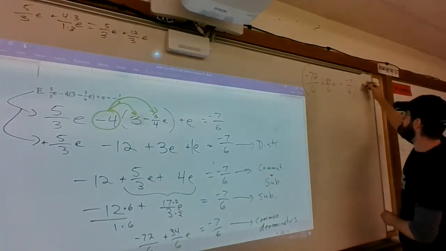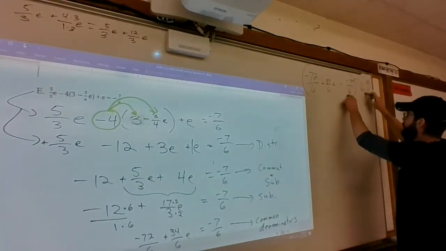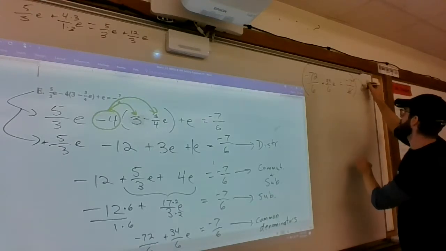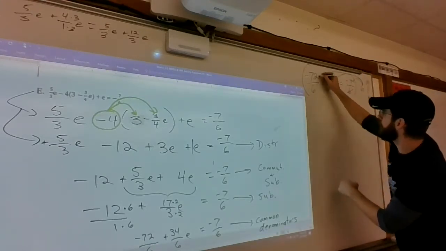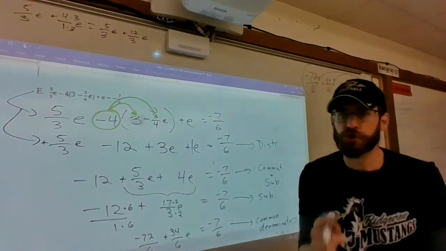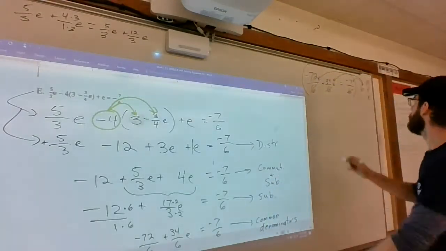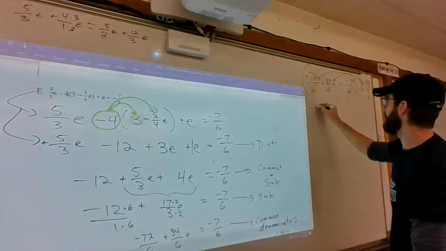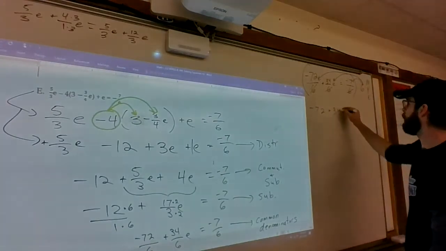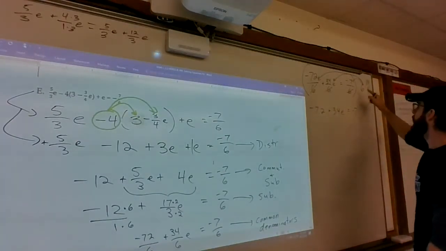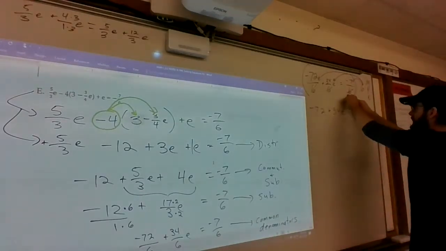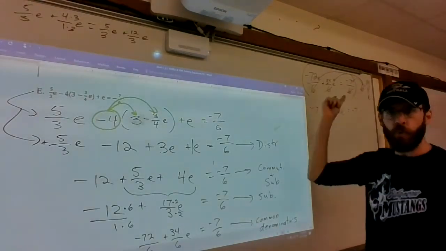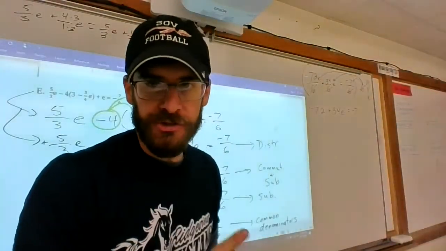And what that does is the 6 will cross cancel with this 6. This 6 will cross cancel with that 6. And this 6 will cross cancel with that 6 when you distribute them through all the way. So, I now have a negative 72 plus 34e equals negative 7 by multiplying everybody by 6. All three of these 6's cross cancel with the one 6 out there using the distributive property.